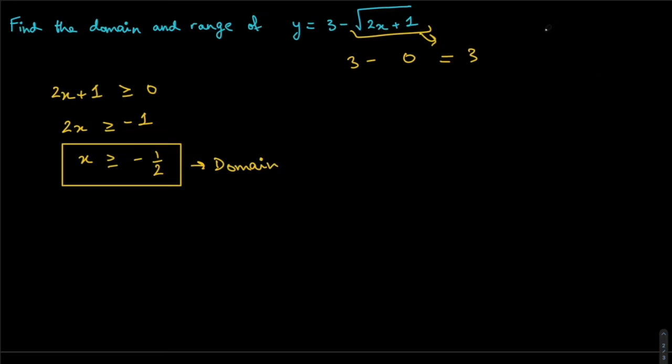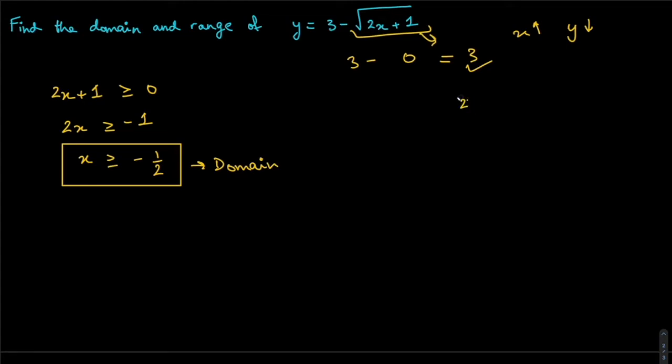As you can see, as x increases, whatever is in the square root also increases, but because it's negative, 3 minus that results in values less than 3. So as x increases, y will decrease every time. The greatest possible value that we can start with is 3. Everything else will be less than 3 every time.